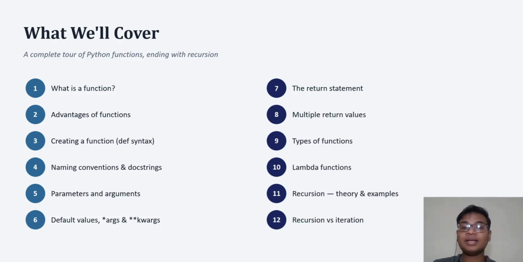Fourth, naming conventions and docstrings. Fifth, parameters and arguments. Sixth, default values, args and kwargs. Seventh, the return statement. Eighth, multiple return values. Ninth, types of functions. Tenth, the lambda function. Eleventh, recursion theory and examples. Twelfth, recursion versus iteration.